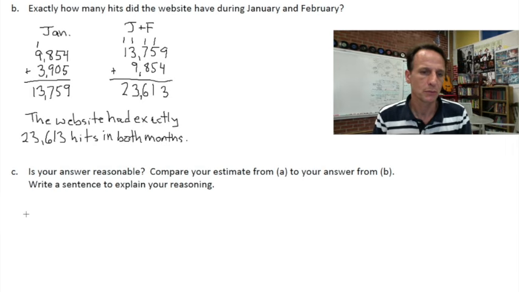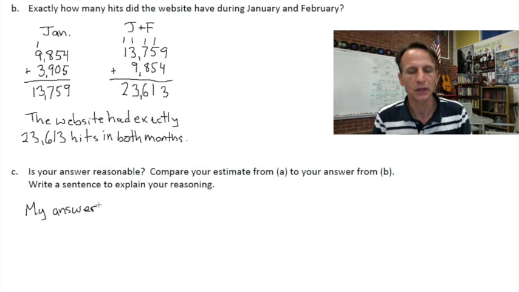You'd say, my answer, don't be afraid of writing here a little bit in math. I want to explain that we know what we are doing. My answer is reasonable. And how do we know it's reasonable?